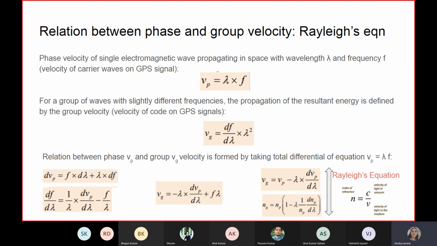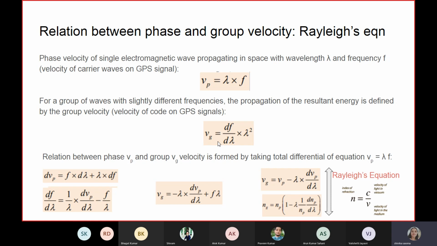Carrier waves means carrier phase. While for a group of waves with slightly different frequencies, that is the codes on the GPS signals, that is the velocity of the code, Vg.